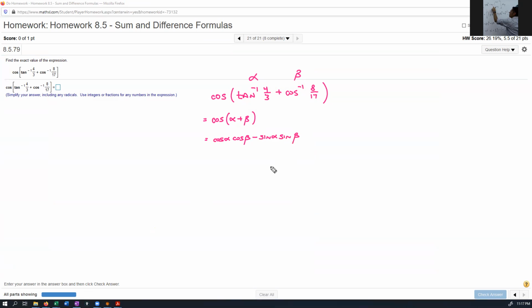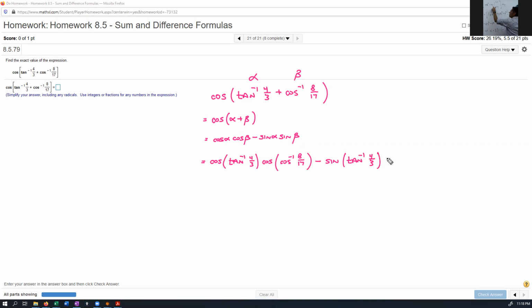Now, if we start plugging things in here, let's see, cosine of alpha. So alpha is arctangent of 4/3. And then cosine of beta, the beta is cosine inverse of 8/17. Then minus sine of alpha, which is arctangent of 4/3.